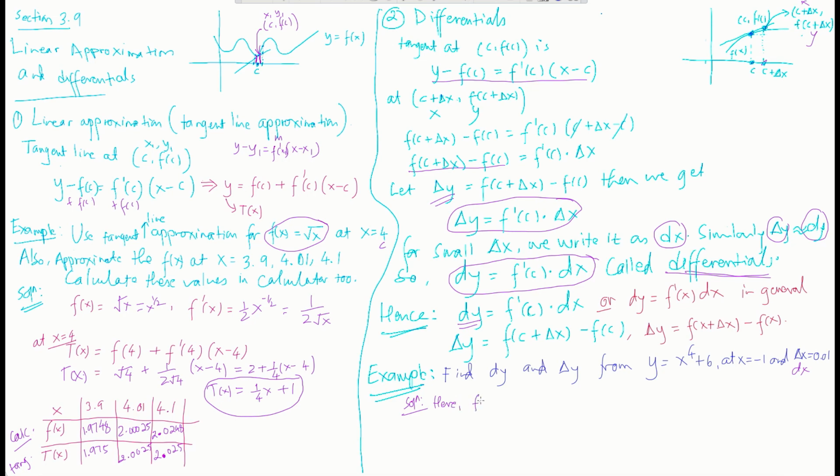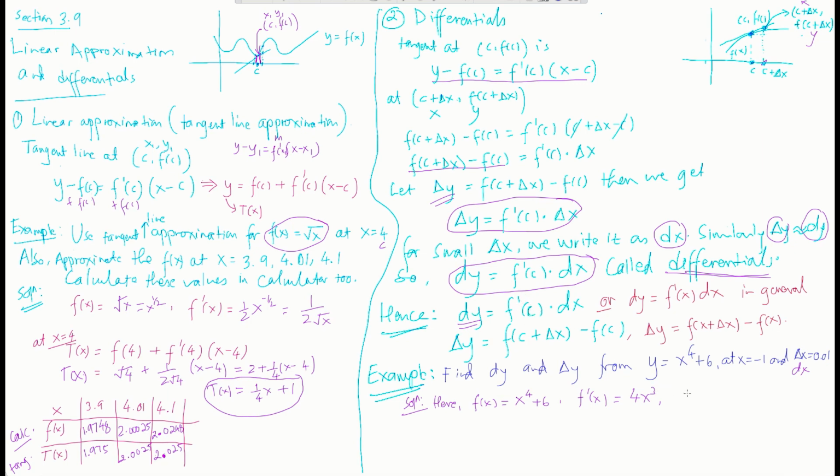You have f of x equals x to the 4 plus 6, right? That's the given y or f(x). So what is f prime of x? Can you find the derivative of this? This is 4x cubed, right? 4x to the third. So to find dy, you need f prime of x at c, right?